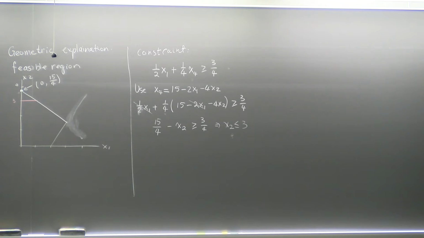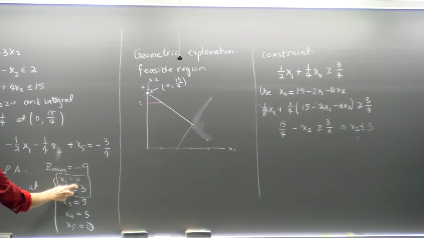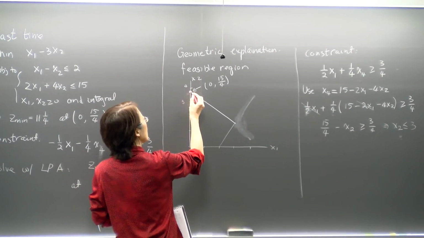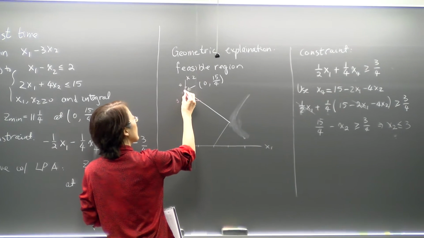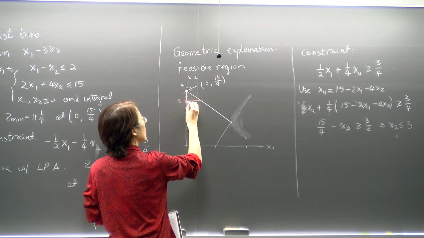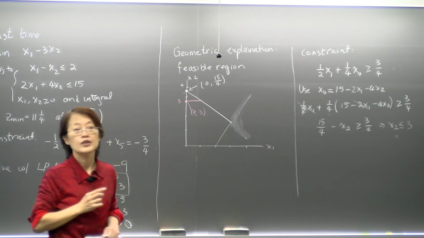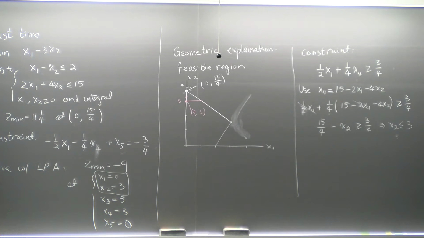So after this cutting, we solved the new problem, and I found the optimal solution at 0, 3. That means the optimal solution after the cutting moved from this point down to this point. That becomes the optimal solution, 0, 3, after cutting off one piece.